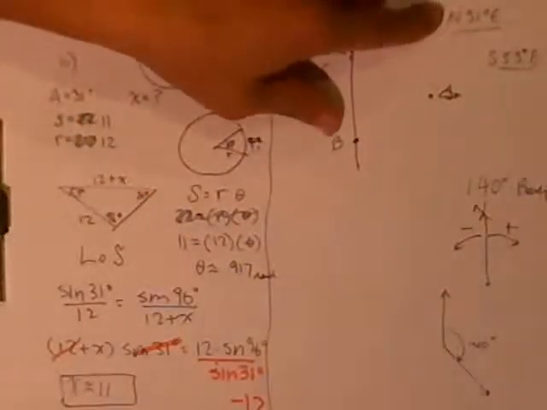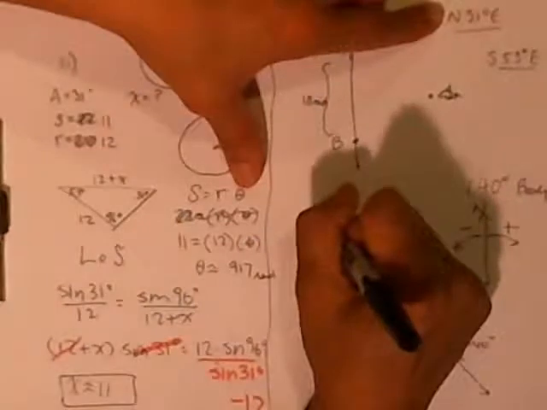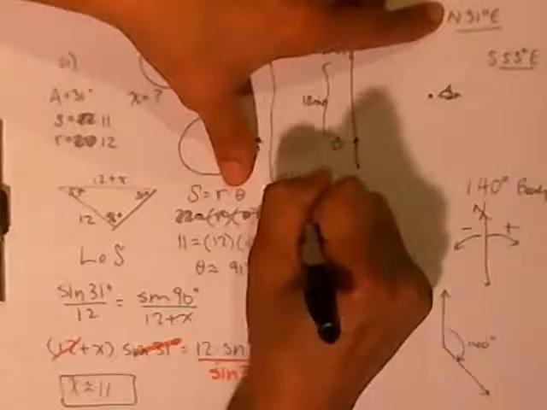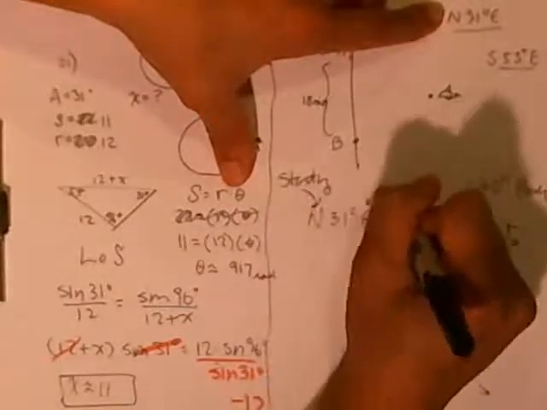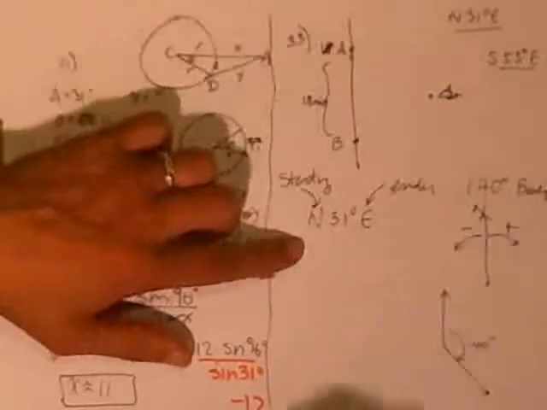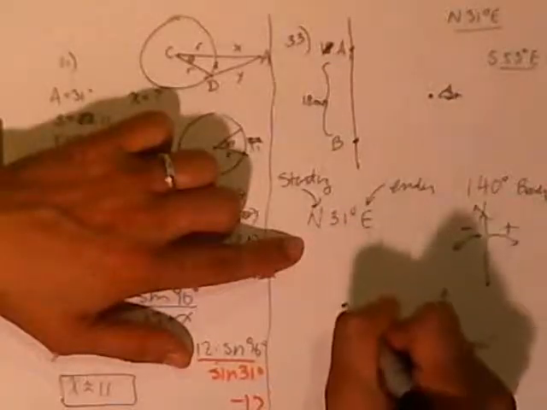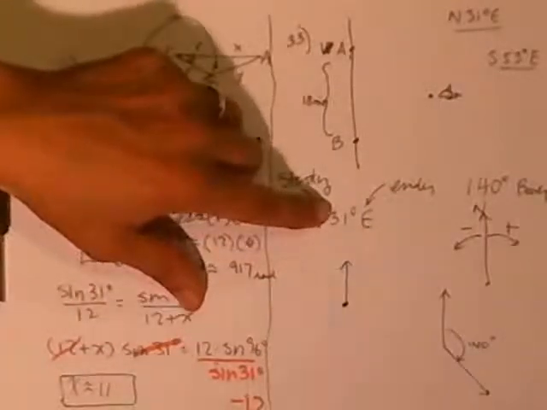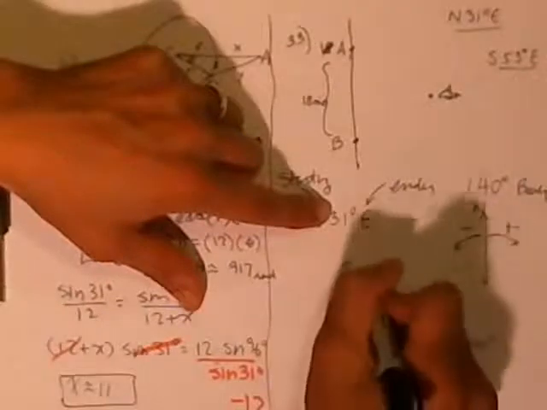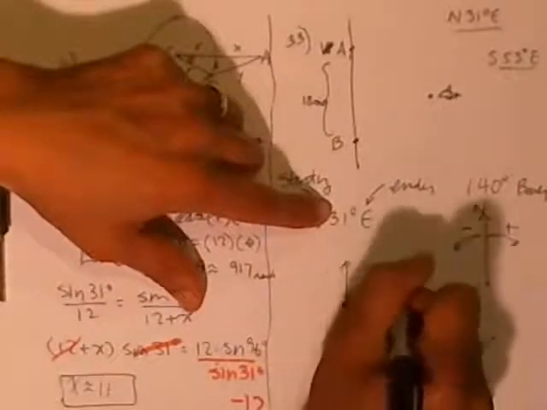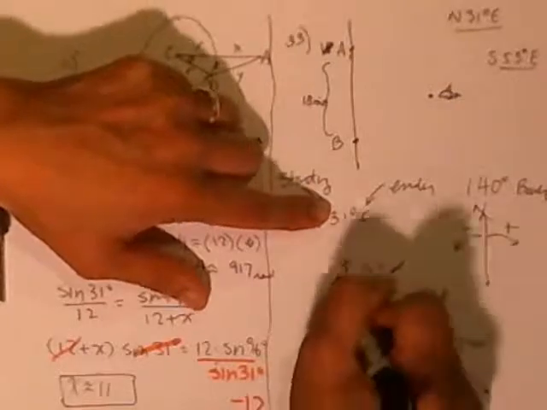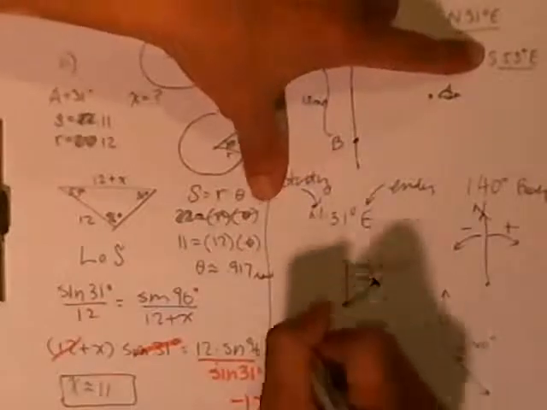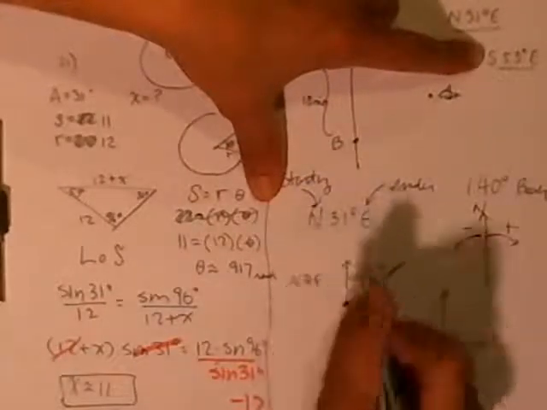Another form they give you is north 31 degrees east. The first part is always your starting point, and the second part is always your ending. So you're starting from north, and you're going 31 degrees east, so you go this way 31 degrees. And that's where the angle is, 31 degrees. Let's look at south 53 degrees east.